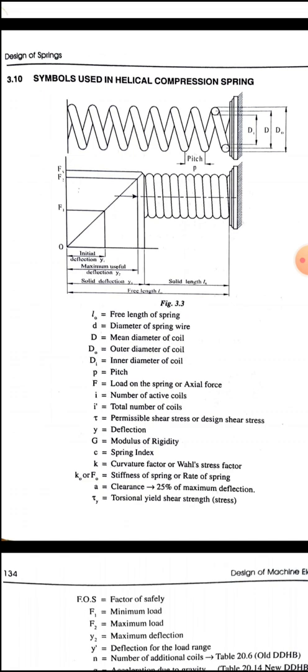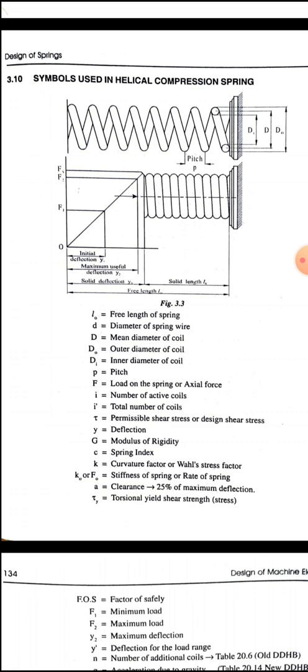Compressed length is L0, free length is L, maximum deflection is Y2, initial deflection is Y1. The corresponding force at Y1 is F1, at maximum deflection Y2 is F2, and at solid deflection Ys is Fs.